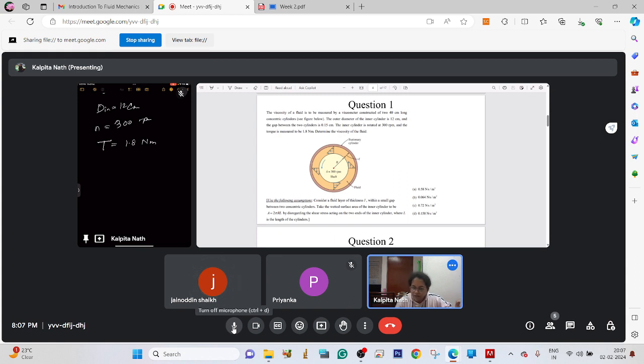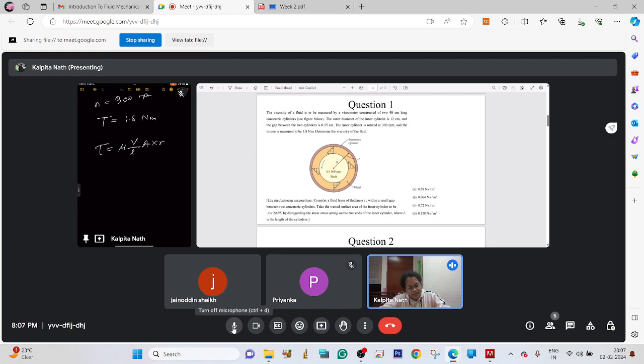Since the velocity profile is linear, du by dy we can simply take as V by L. So you can use this formula: torque is equal to mu V by L into A into R.